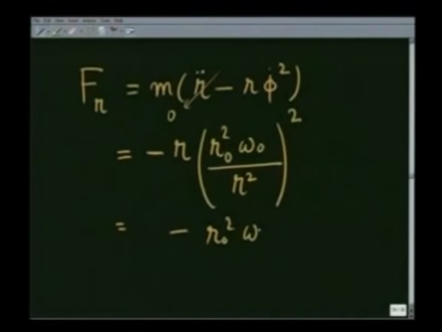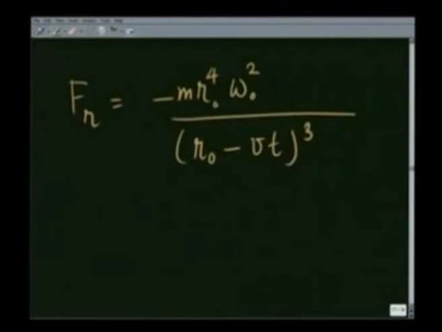I square it, which gives minus m r0 raised to 4 omega 0 square over r cubed, and therefore the force needed to pull it in is equal to minus m r0 raised to 4 omega 0 square over r0 minus Vt whole cubed.